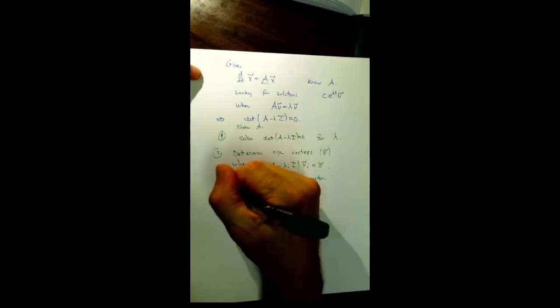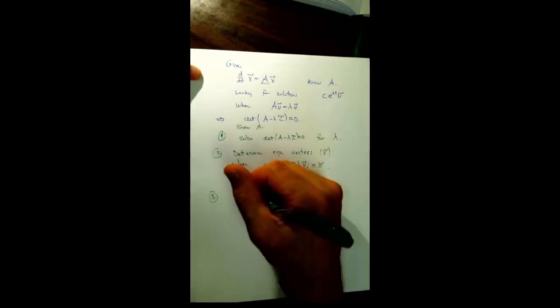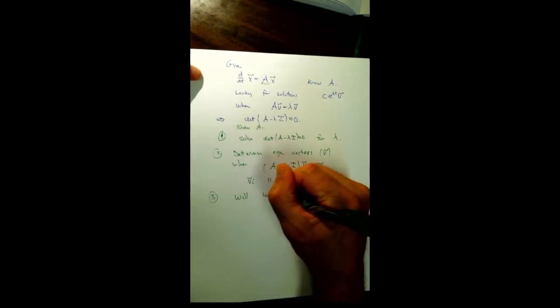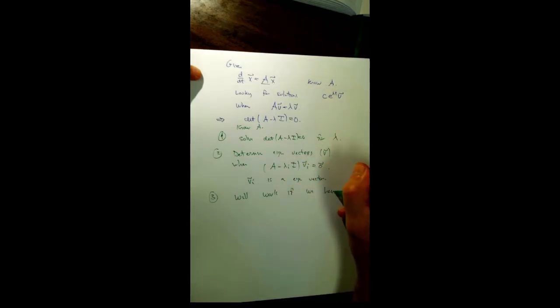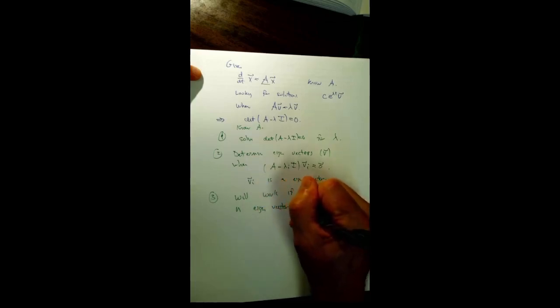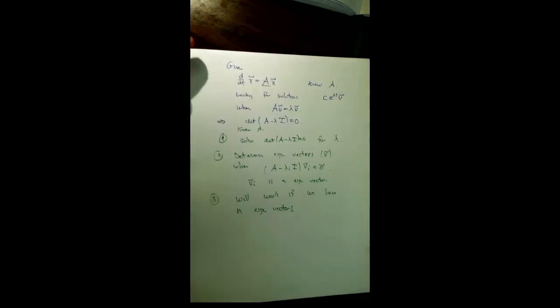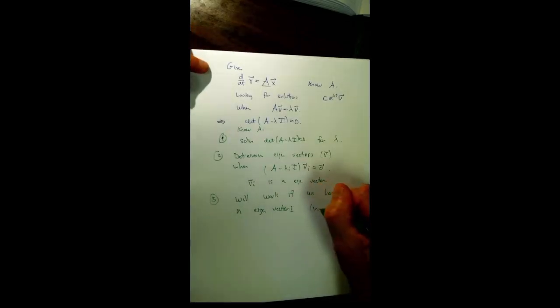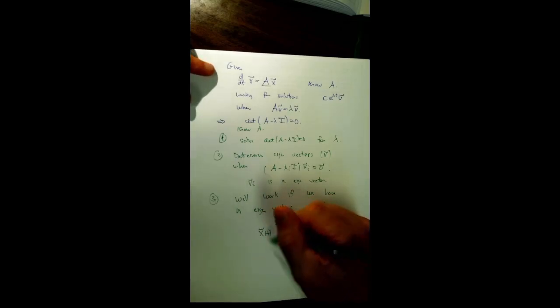Now we've got to be careful here. This is only going to work if A is an n by n matrix. It's only going to work if we have n eigenvectors. Okay, and these have to be independent. And the reason for that is x of t is going to be a vector with n components.